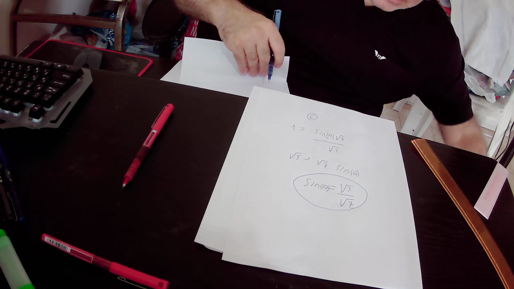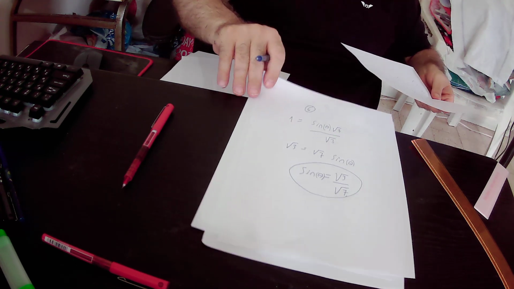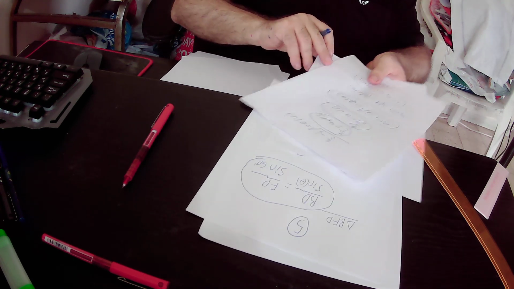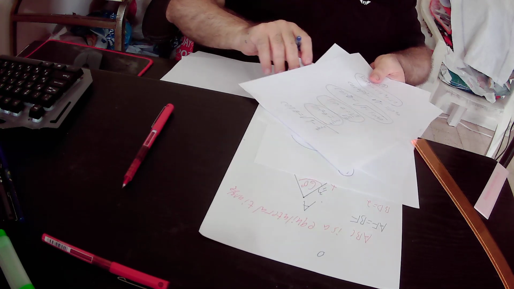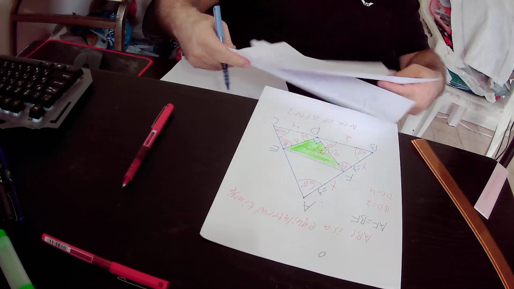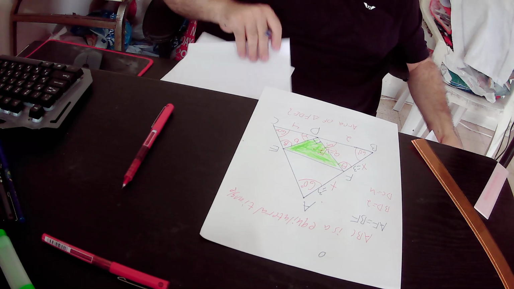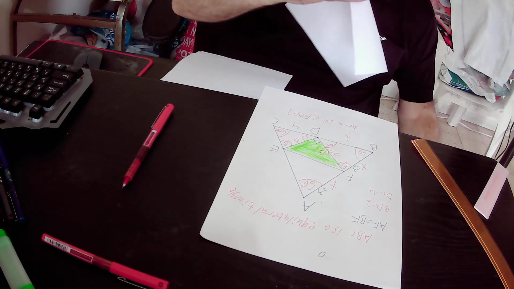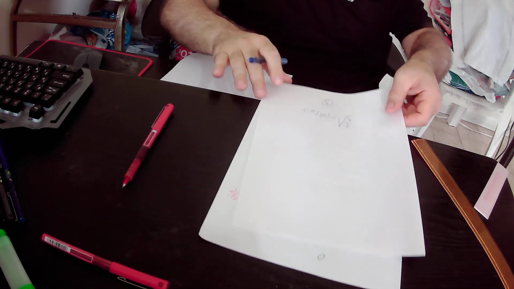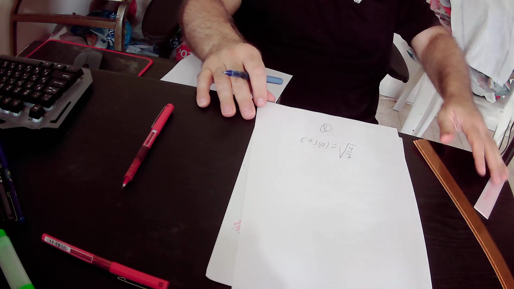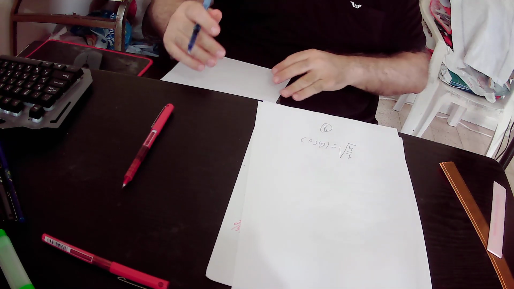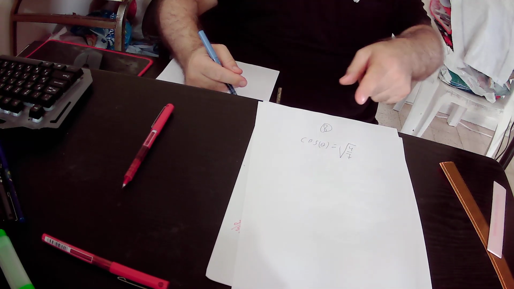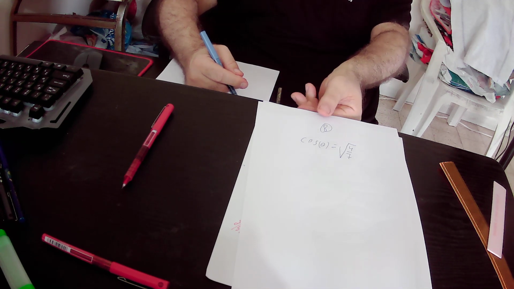Okay? So cosine theta equals the root of 4 over 7. The root of 4 is 2, so I will write it down.